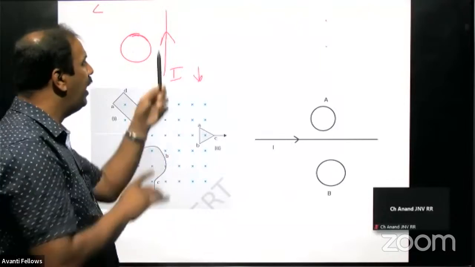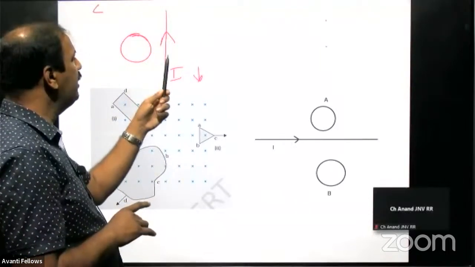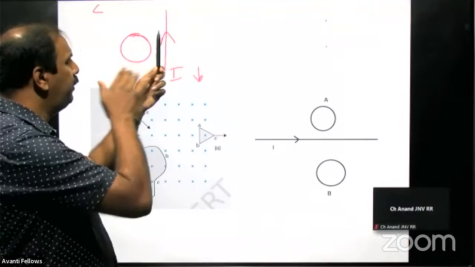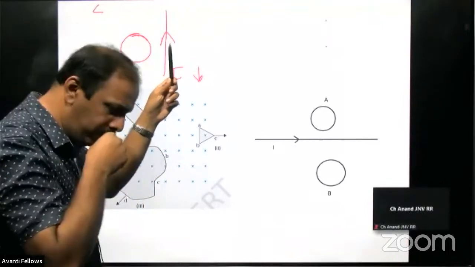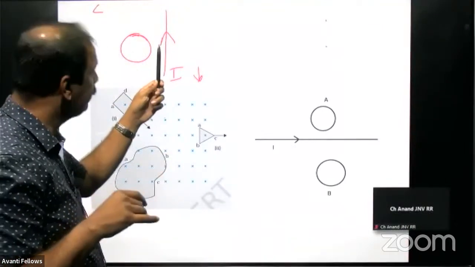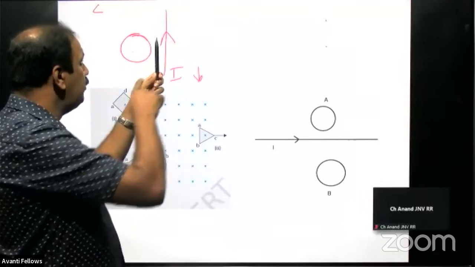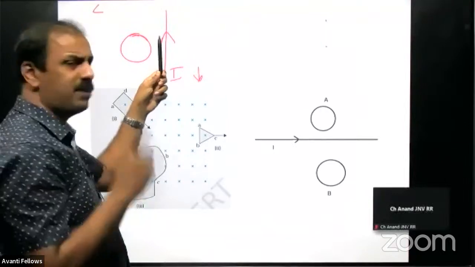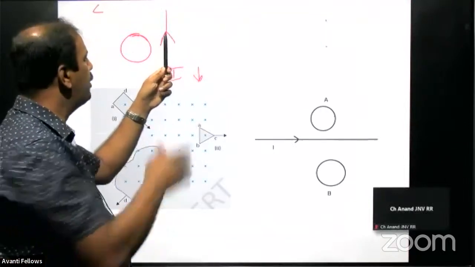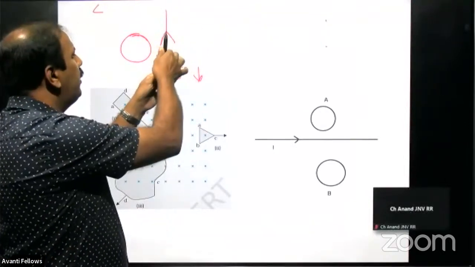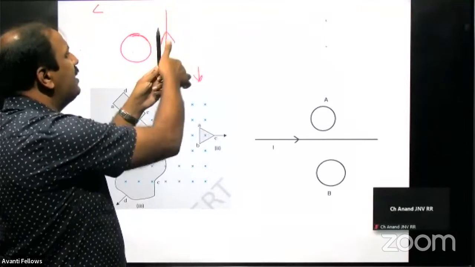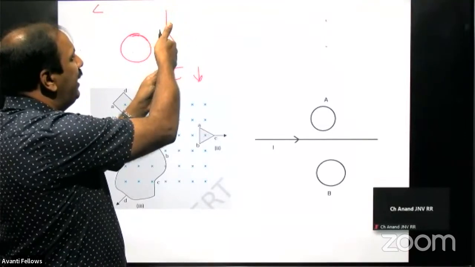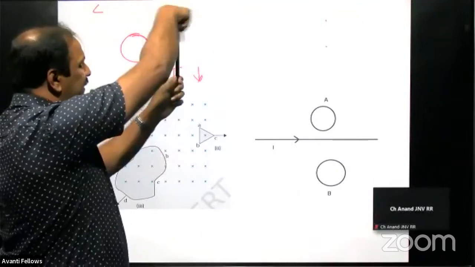So you see here, our current is like this. So the magnetic field will be around this one. Around this one means, from 10th standard, our right hand thumb rule. If the current is upward, the magnetic field goes like this.